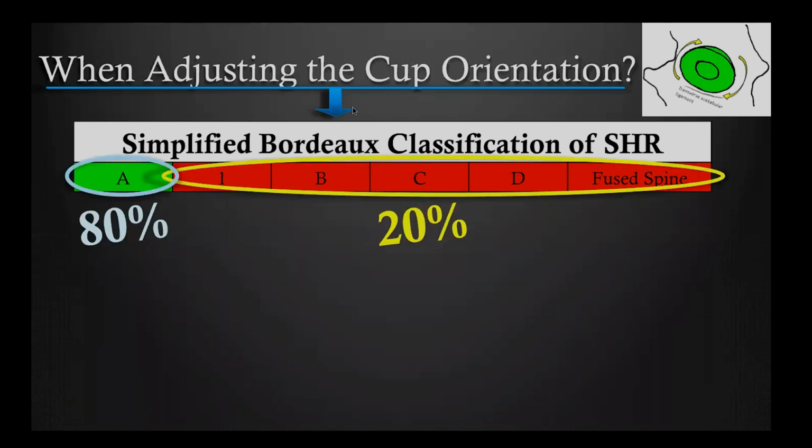Overall, in the Caucasian population, 70 to 80% of patients are normal, spine aberration type A; the others are abnormal.